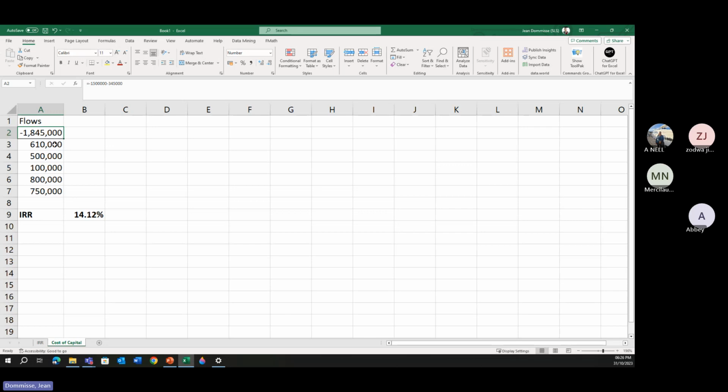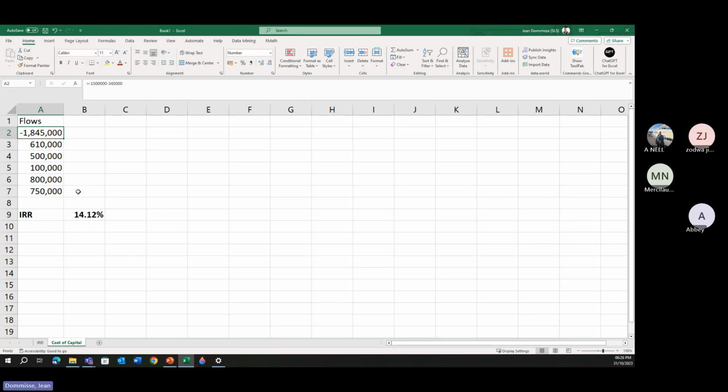Again, -1,845,000. You need to put in the next 5 as your flows, and then on the HP you will also use your internal rate of return button, and on your Sharp you will then use the cash button there as well.